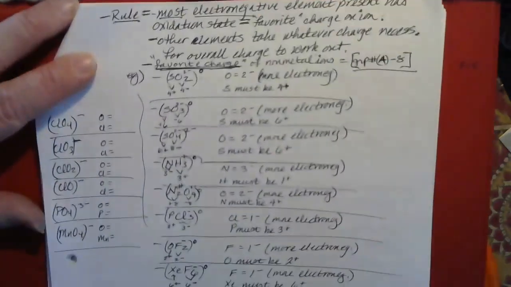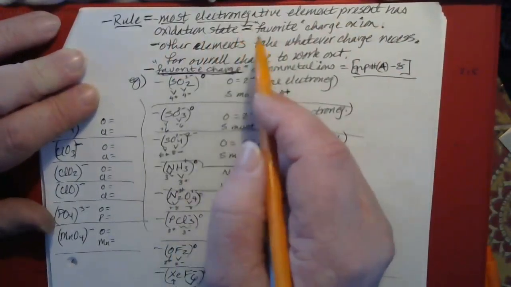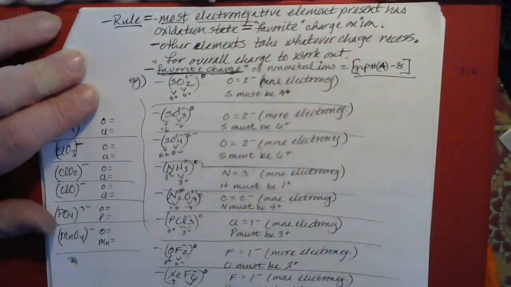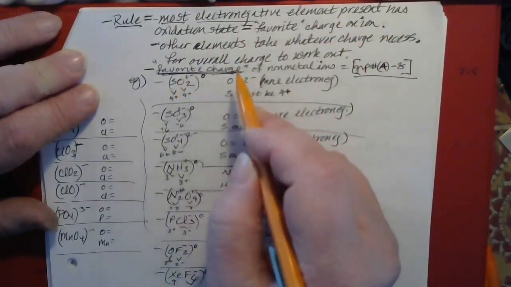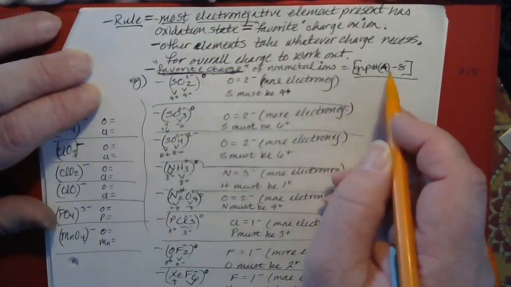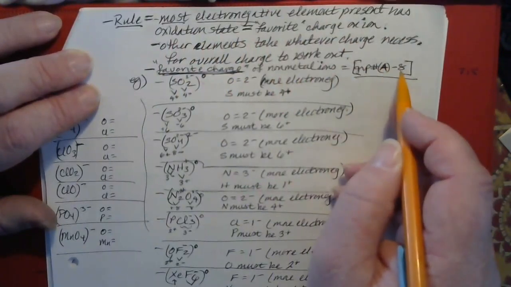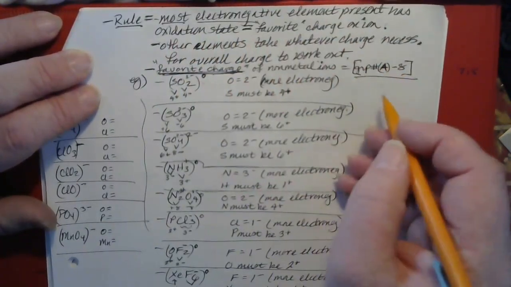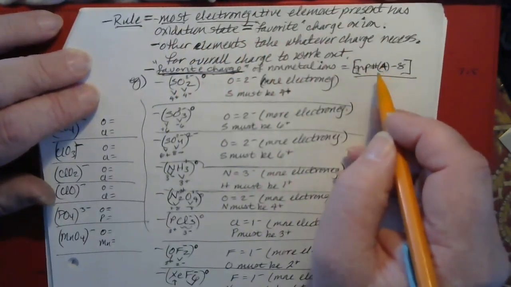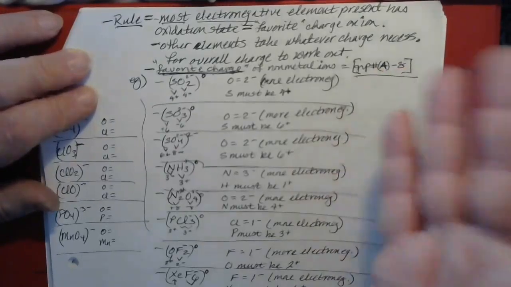So the rule is the most electronegative element present has an oxidation state that is equal to what you could call the favorite charge on its ions. And the favorite charge of an ion for a nonmetal is group number, using the AB system, -8. So for instance, fluorine is in group 7A, and so its favorite charge as an ion would be 7 - 8, which is -1.